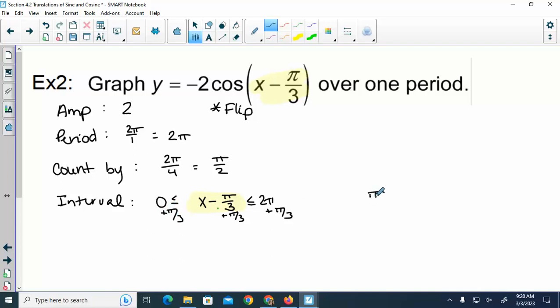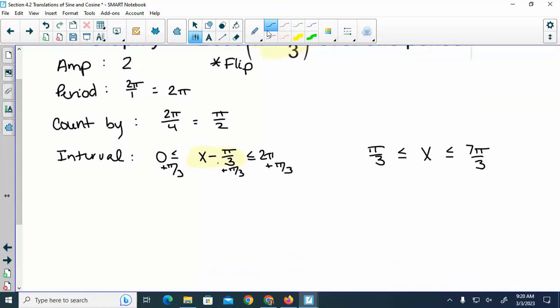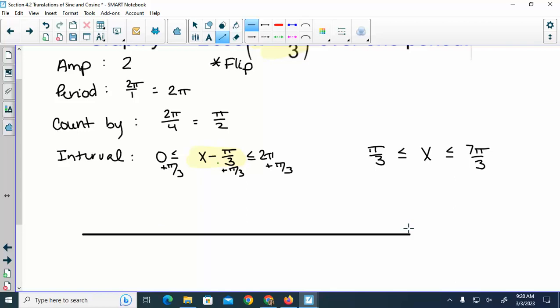So positive pi over 3 less than or equal to x less than or equal to 7 pi over 3. The amplitude 2 is 2, so we go 2 above and 2 below. My first point is not at 0 this time, it's at pi over 3. It's about 60 degrees.